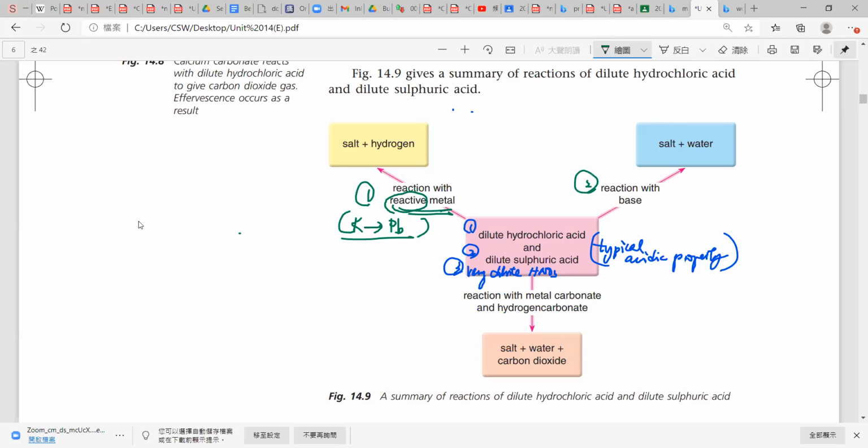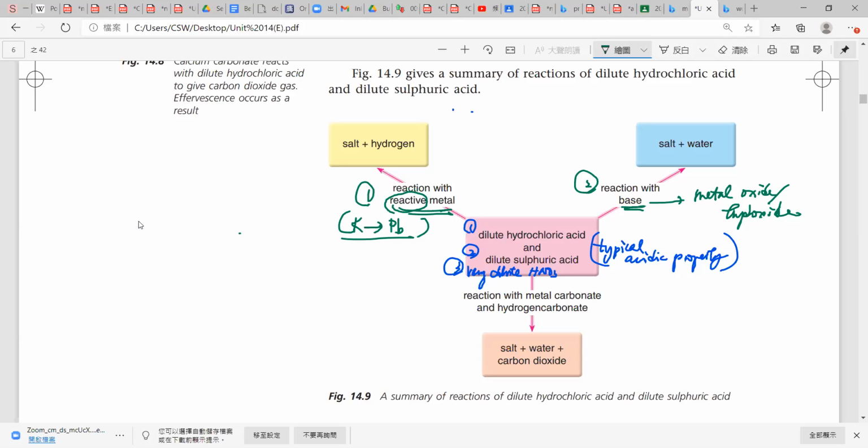Second, the reaction with a base. What is meant by base? As said, it is a type of metal oxide or metal hydroxide. What they have in common is that once they react with dilute acid, they will form salts and water.